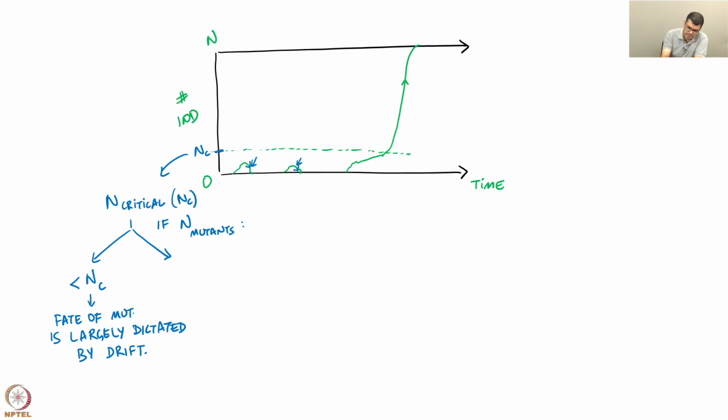But it seems like there is a critical number N_C, that if the number of mutants goes beyond N_C, then the fate of the mutation is now largely dictated by selection.